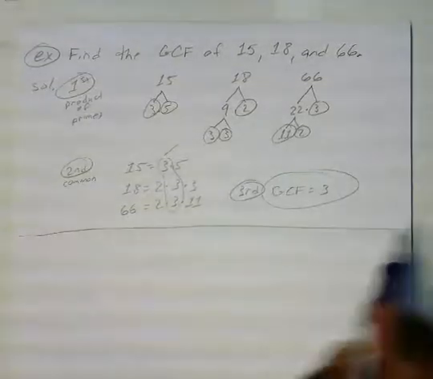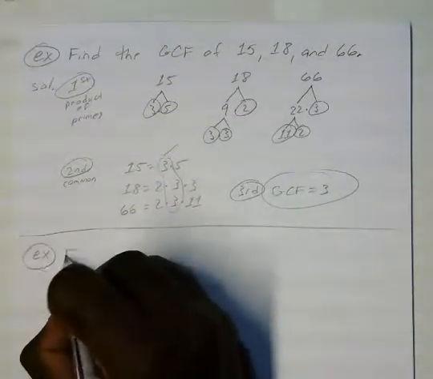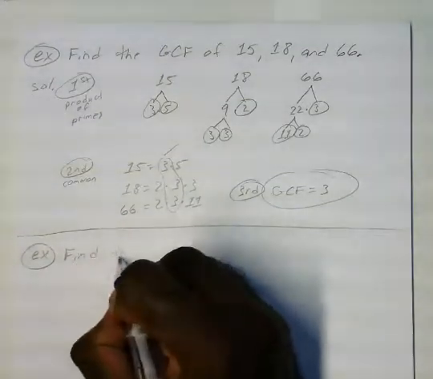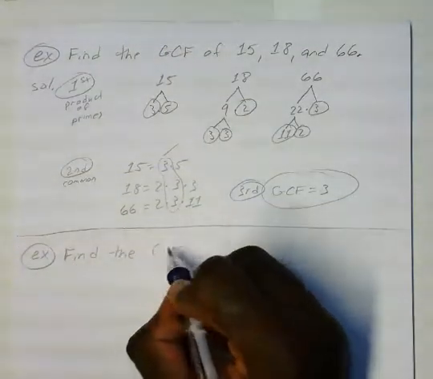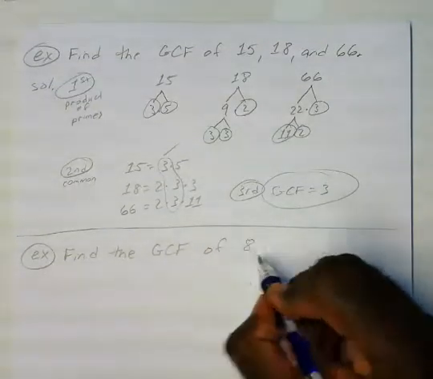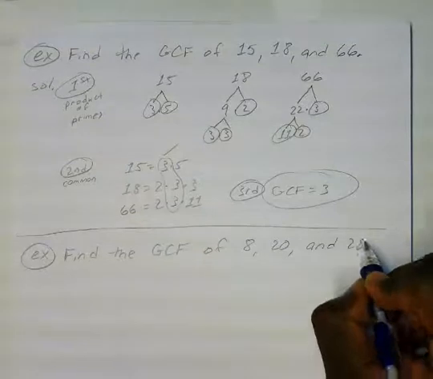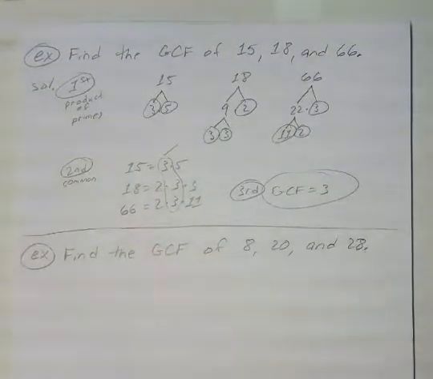All right, let's do another example. If we want to find the greatest common factor of 8, 20, and 28, I want you to press pause and give this one a try for yourself.